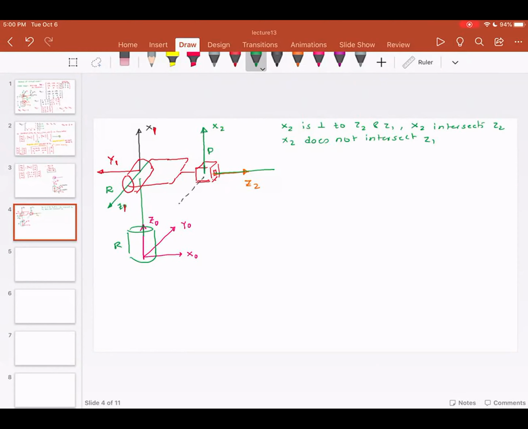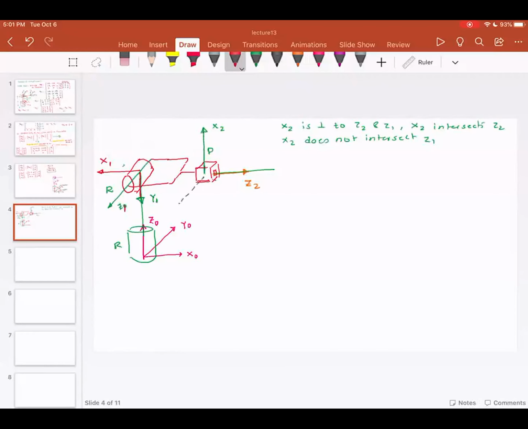Let me see. Z1. Yes, you're right. You are right. So this should be X1. So Z, X, then Y will come down. Yeah, Y1 will come down like this.